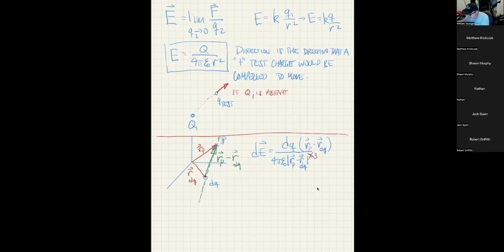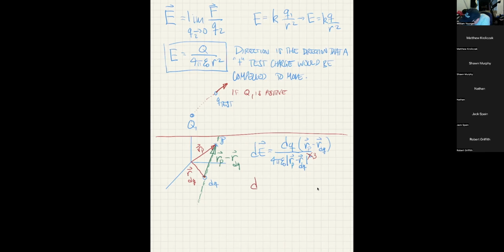One thing to keep in mind is when charge is distributed in one dimension, it's often convenient to say dq is equal to some charge per unit length, lambda, times dl. If it's distributed uniformly or not uniformly over a two-dimensional surface, then it's useful to call it some charge per unit area, sigma, times dA.